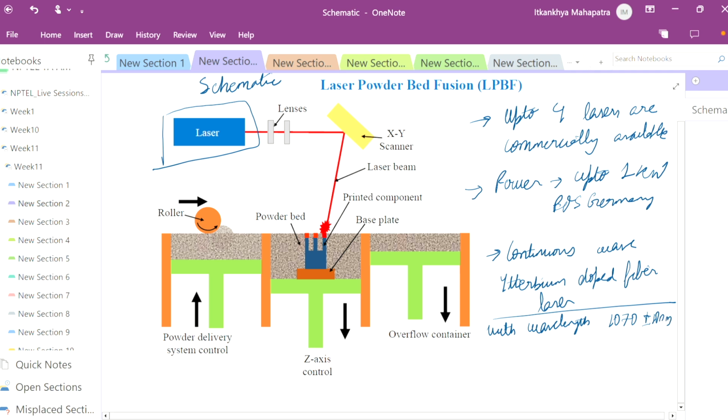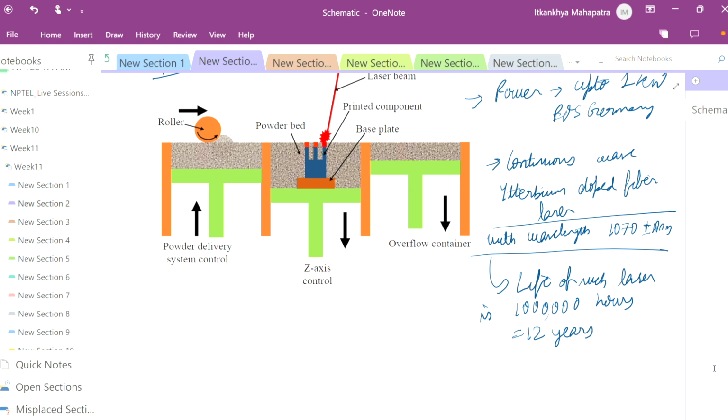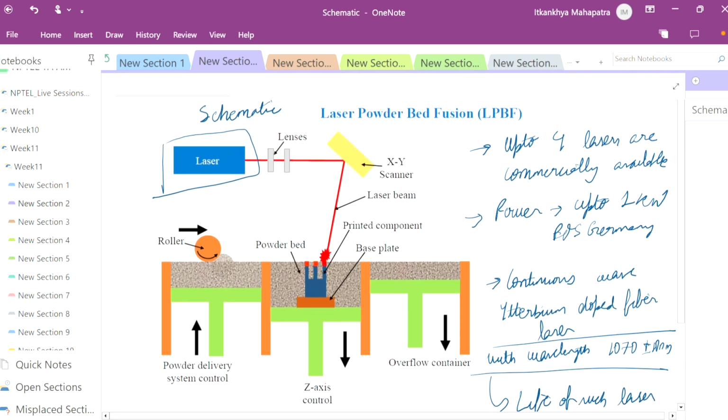The life of such a laser is 100,000 hours. This will be approximately 12 years, if the printer is running 24/7.